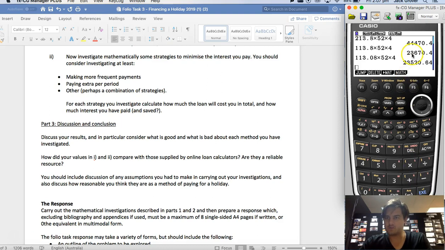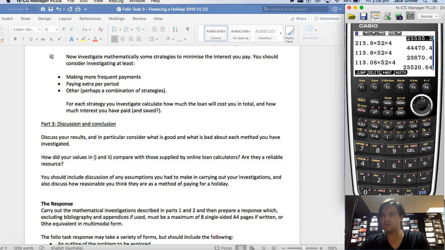So what we can see there, 23,520. So this was our figure before when we were paying fortnightly, 23,535 if we were making fortnightly payments. This here is our figure if we were paying weekly. So all we've done is make more frequent payments.